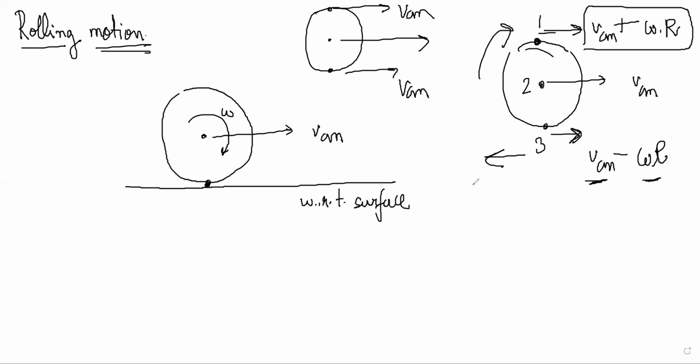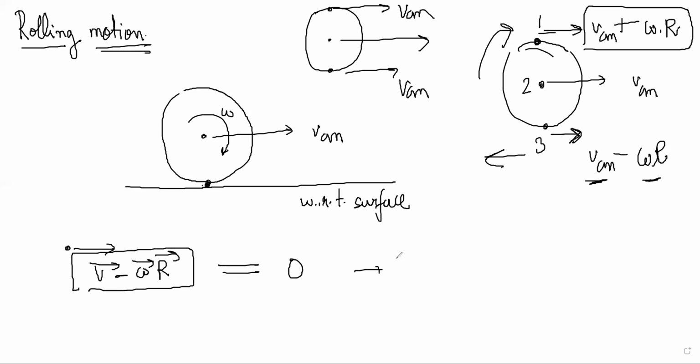Now, if there is a body like this, then we know that the lowermost point's velocity is V vector minus omega r. If that is equal to 0, it is called pure rolling, on a fixed surface.